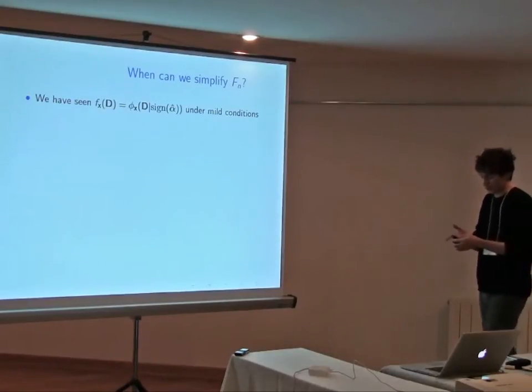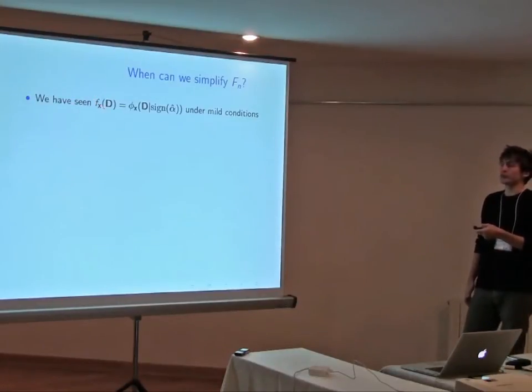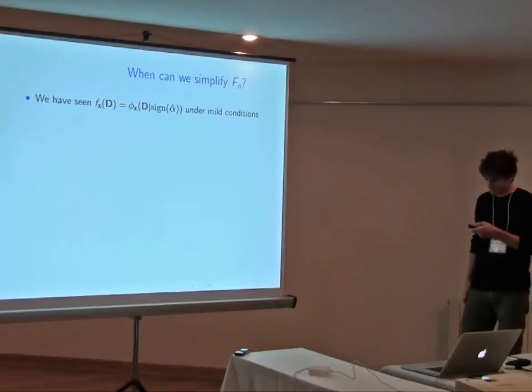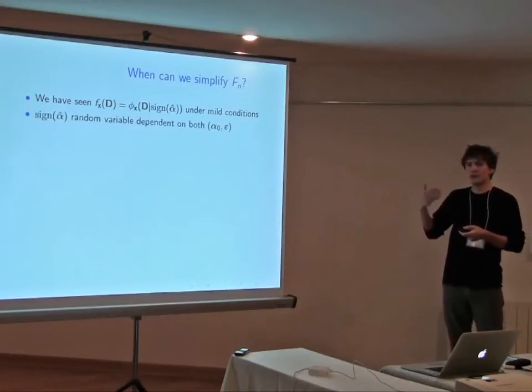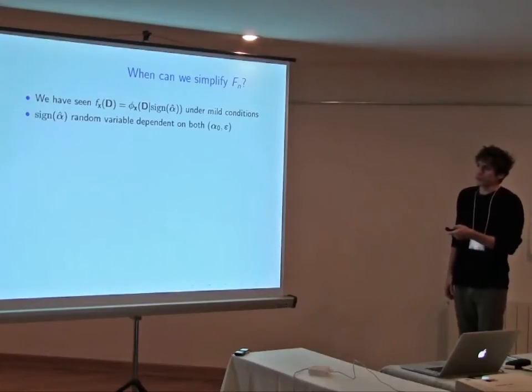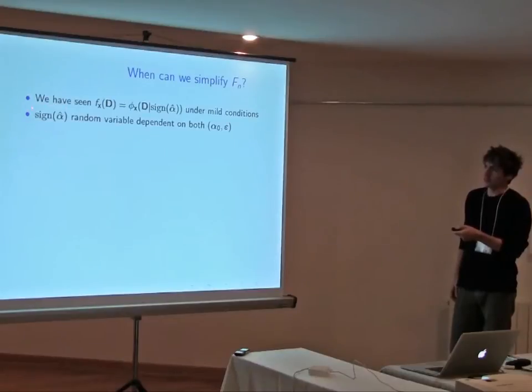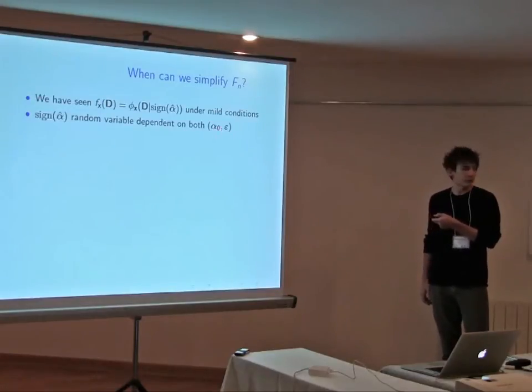So we have just seen that under some mild conditions, we can show that the function f of x of interest coincides with the surrogate function. So now, in the perspective of having to make some probabilistic control afterwards, it's important to notice that this sign vector here is actually a random variable that depends on all sources of randomness, alpha 0 and the noise.